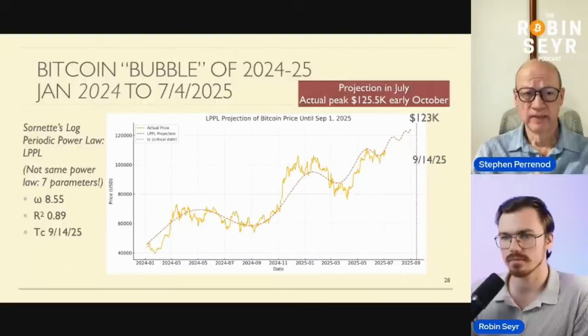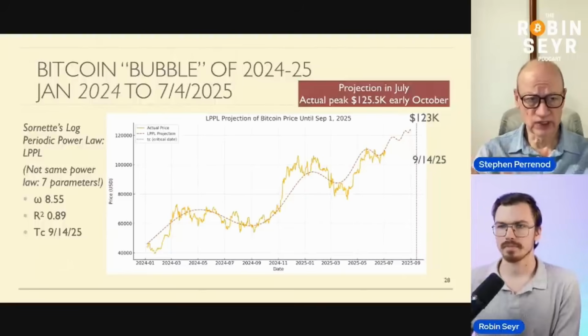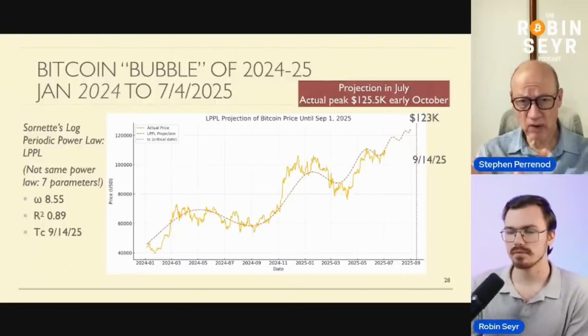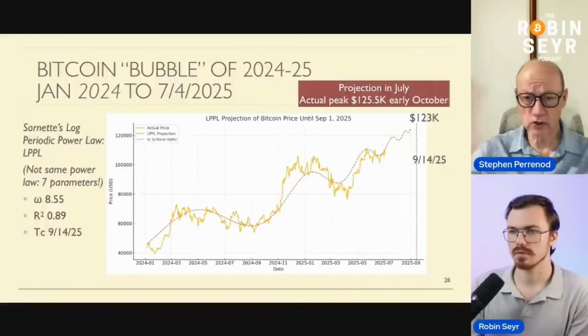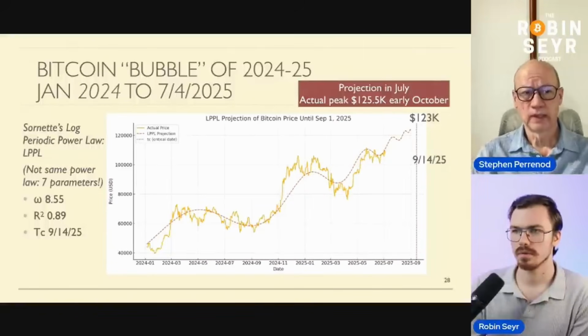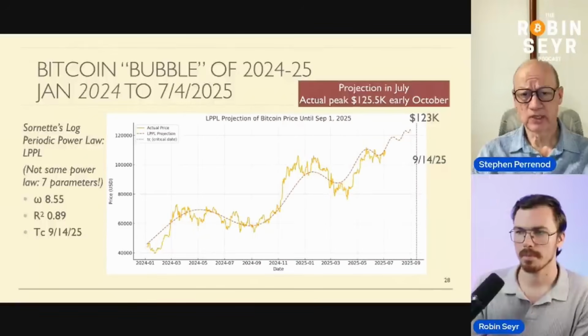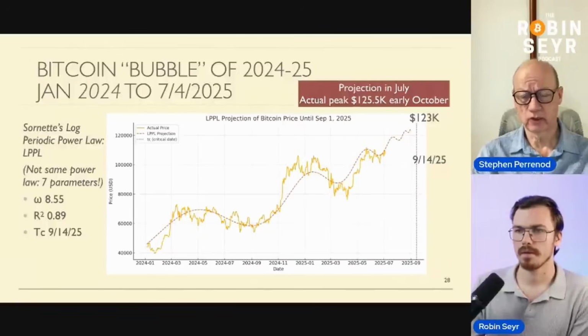And the name is a little confusing because it says power law, and it's got a power law in it, but it's not the same as our long-term power law trend. The log periodic says basically that the waves are getting closer and closer together.